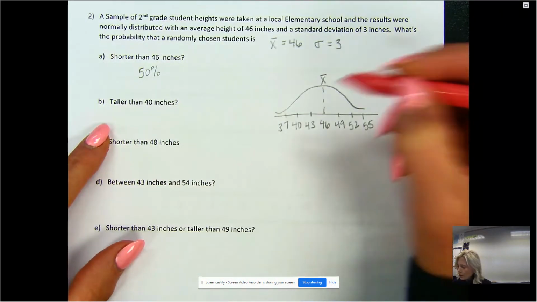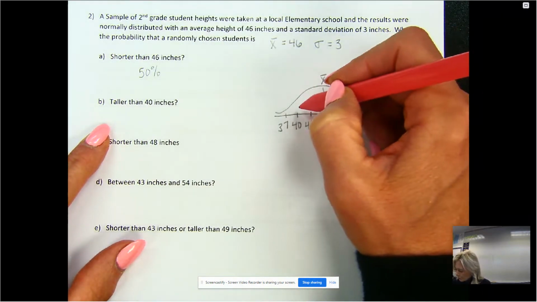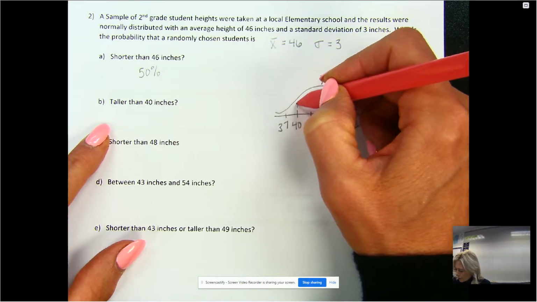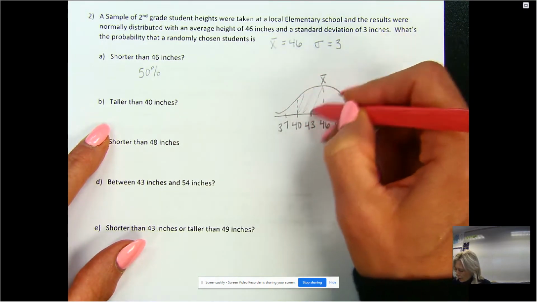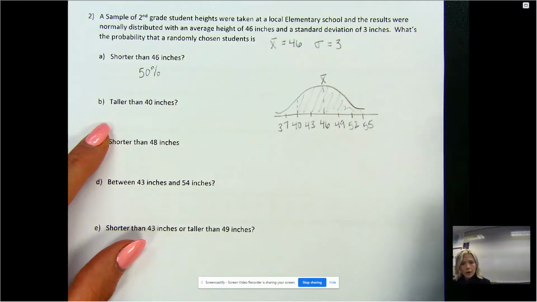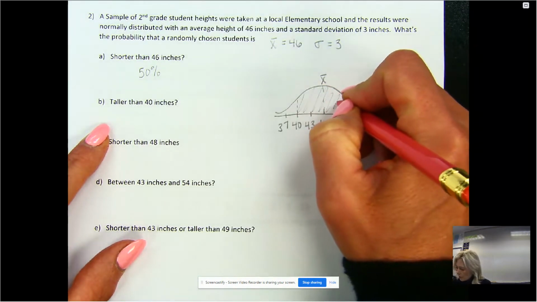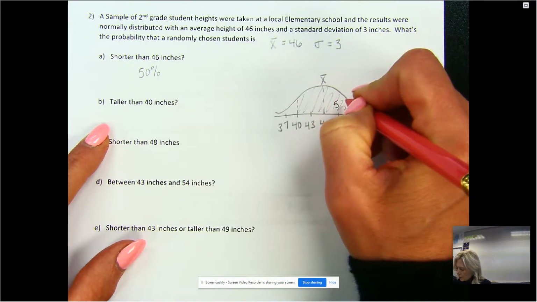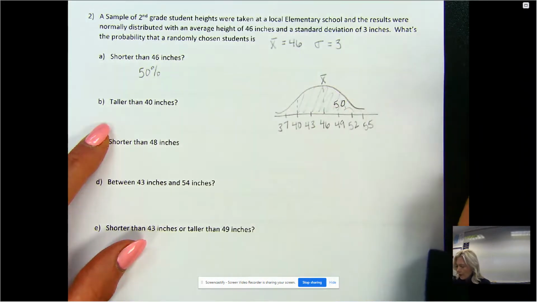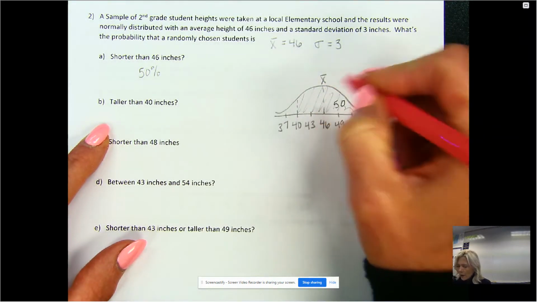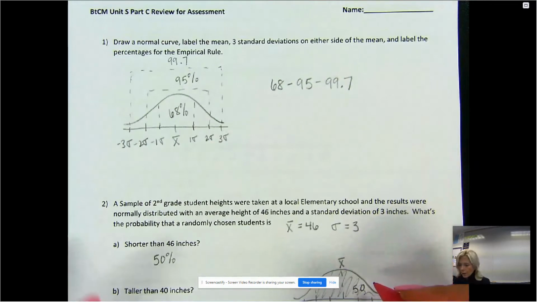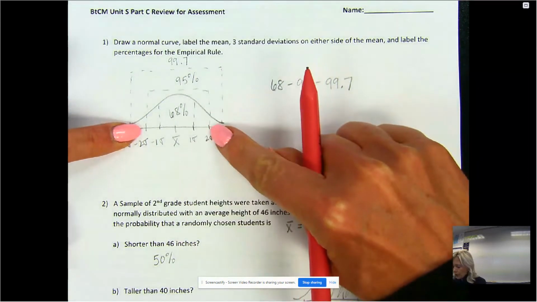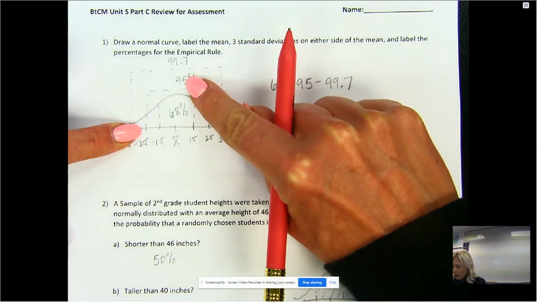Taller than 40 inches. So here's 40. We want to know this area, all of this. This part of it would be 50%. And then this part, if we look back here, from -2 to +2 is 95%.